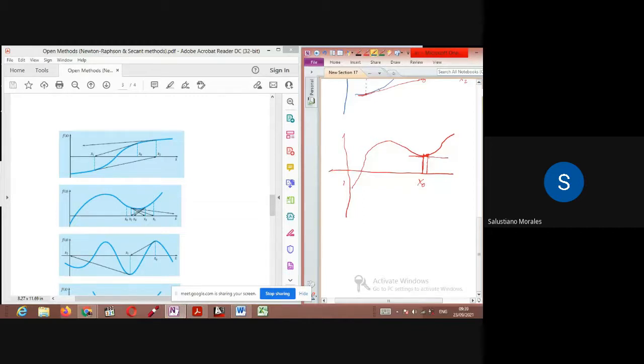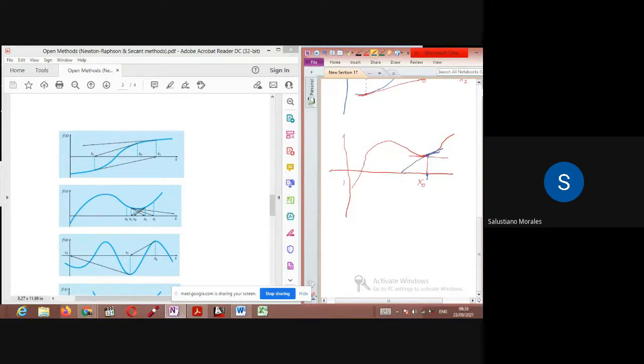Okay, let's consider another. I-erase ko muna yan. Okay, so yun muna. Okay, so let's consider initial x, x0. So assuming ito yung x0 natin, meron siyang tangent dito na ganito.